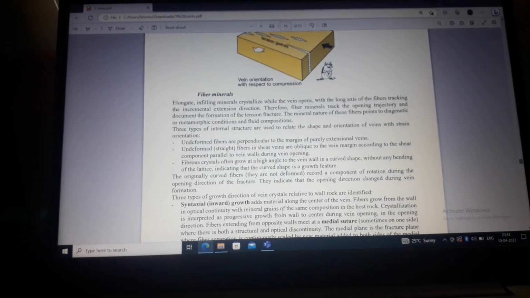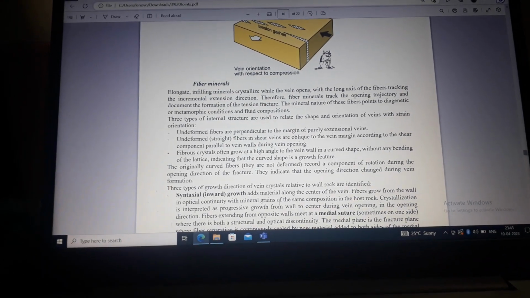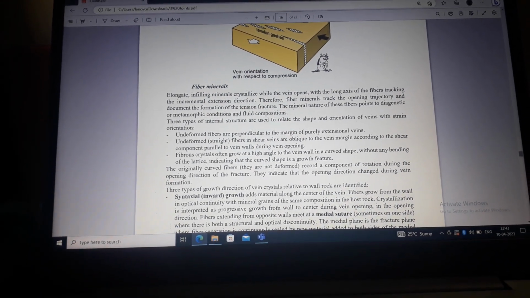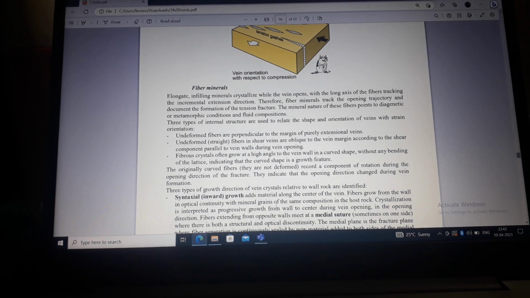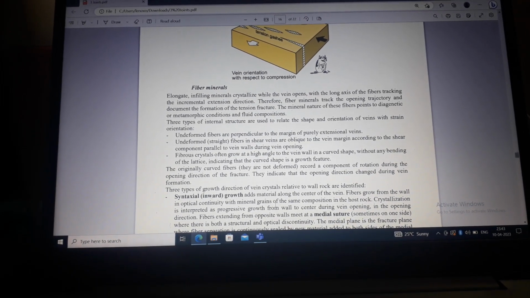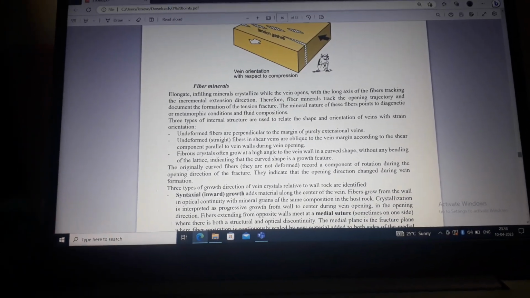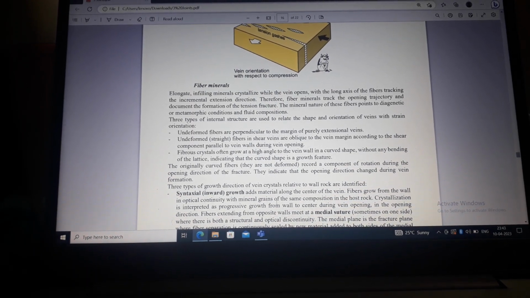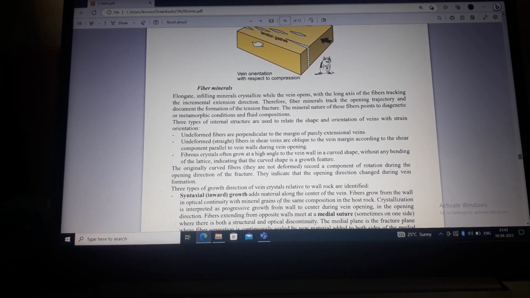Three types of internal structure are related to shape and orientation of veins with strain orientation. Undeformed fibers are perpendicular to the margin of purely extensional veins.